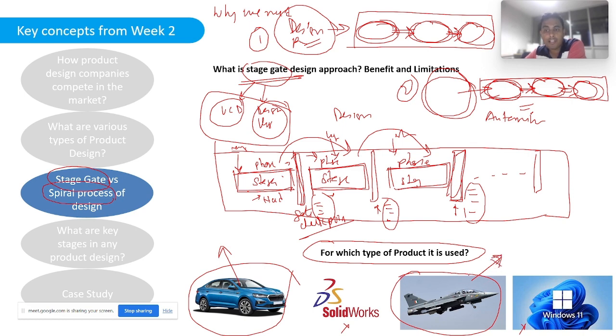So probably the need is an aircraft, or the Indian LCA, light combat aircraft. So the need is a light combat aircraft for India. The requirements can be that it should have a very good radar so that it can detect enemies at 100 kilometers. It should be capable of launching beyond visual range missiles of, for example, 150 kilometers.